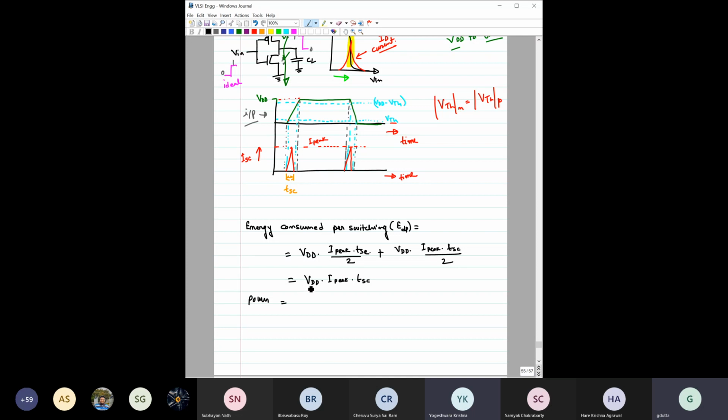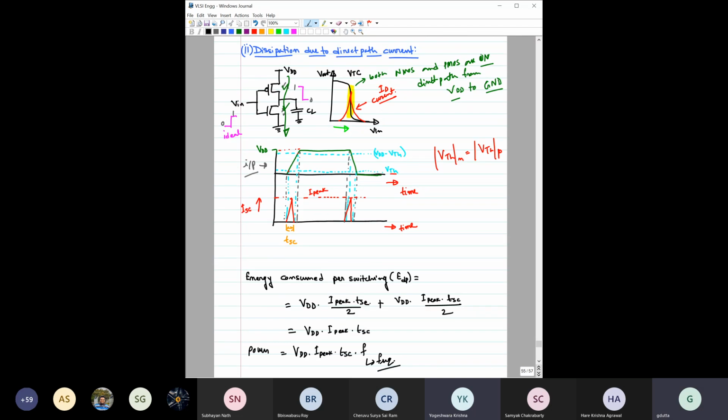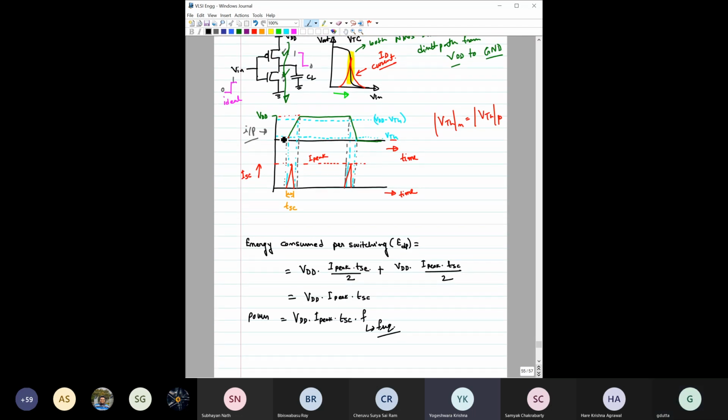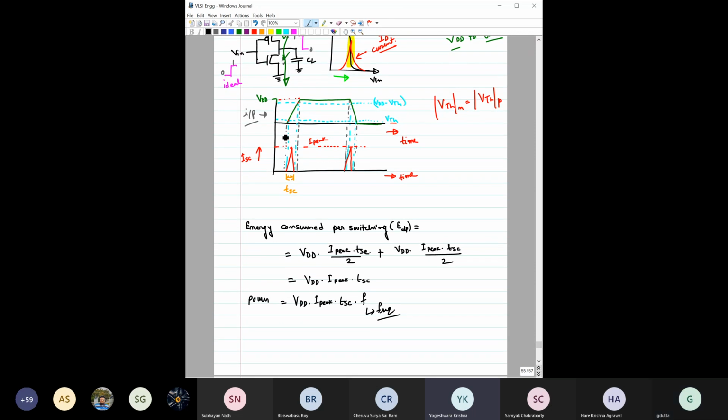To estimate power, we have to multiply again with the clock frequency. That will give you the power dissipation due to this direct path between VDD and ground.